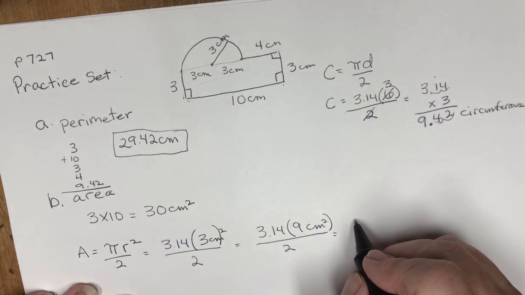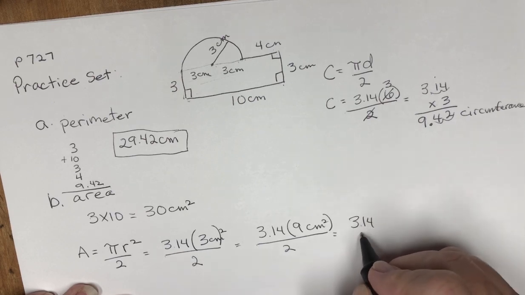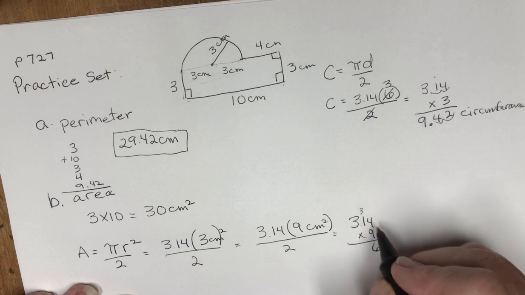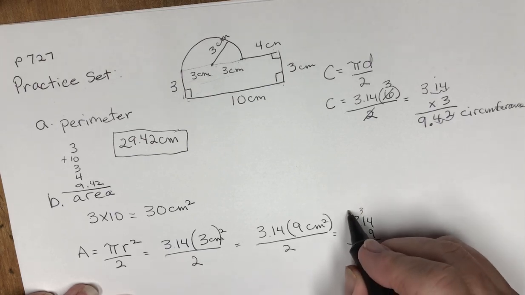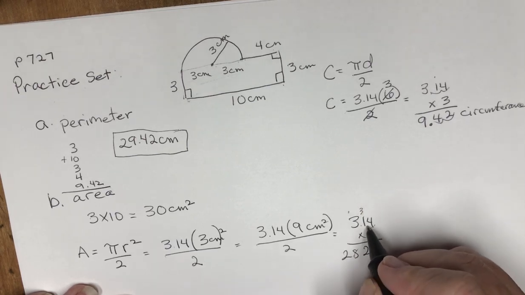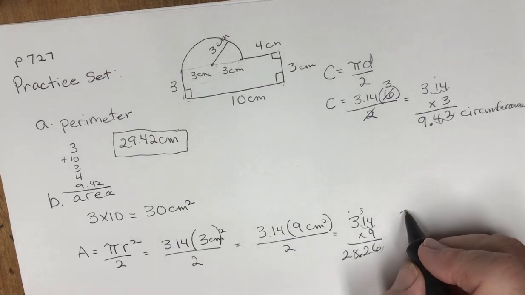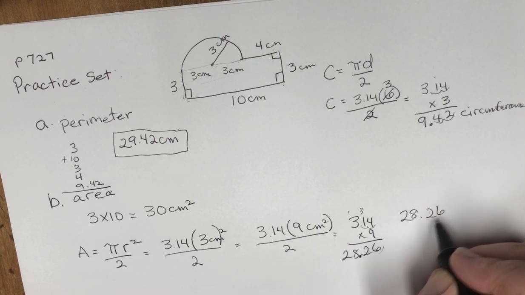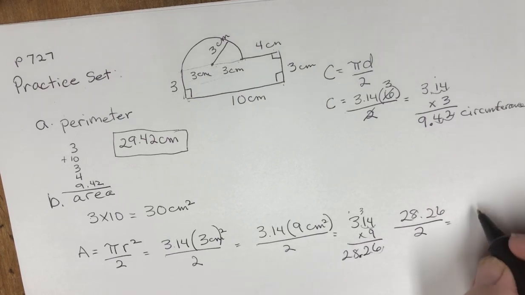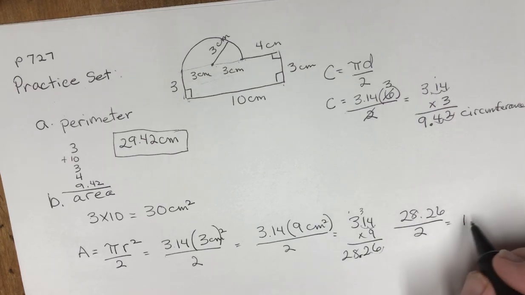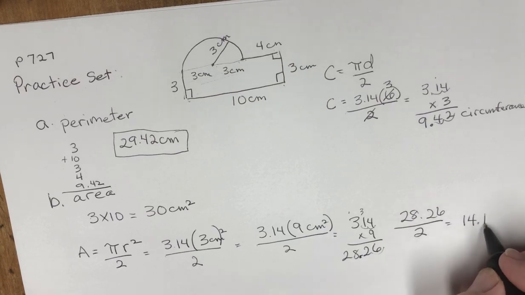And so let's see, 3.14 times 9, 36, 9, 12, 28. We count over 2 places, 1, 2. So we've got 28.26 divided by 2, which is going to be 2 divides into 2 once, 2 divides into 8 4 times, my decimal point. 2 goes into 2 once, 2 goes into 6 3 times.